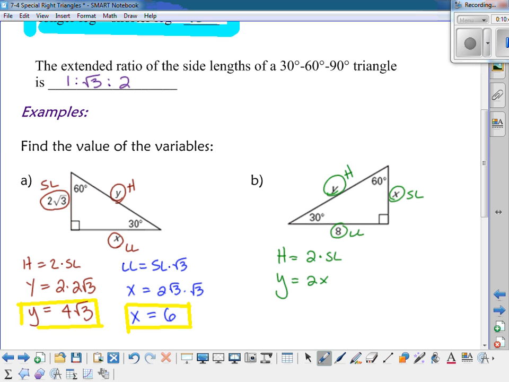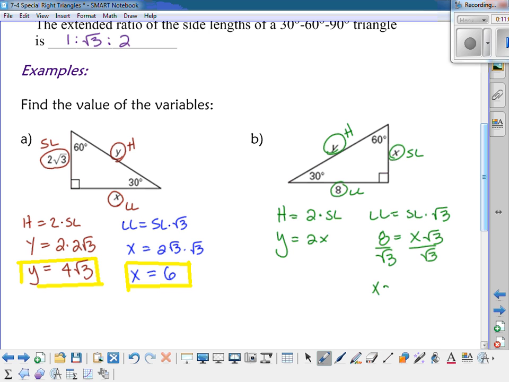Okay, well I need to find my short leg before I can figure out my hypotenuse. So let's go over here and use the other one. The long leg is the short leg times root 3. So 8 is equal to x times root 3. I divide by root 3 on both sides. And I get x is equal to 8 over root 3.